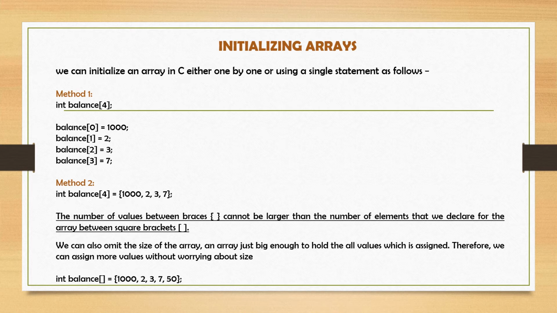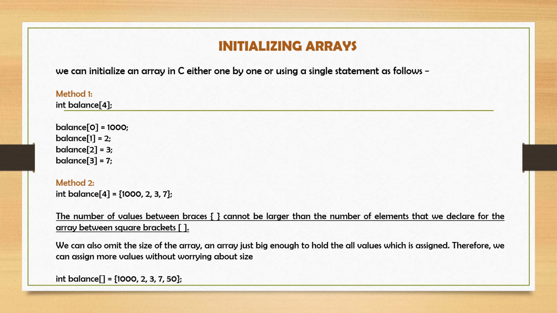In method 1, we have initialized all the values one by one, like balance[0] equal to 1000, balance[1] equal to 2, like that it goes on. In method 2, we have initialized all the values in a single statement using curly braces. These two methods are correct. We can use either one of these.